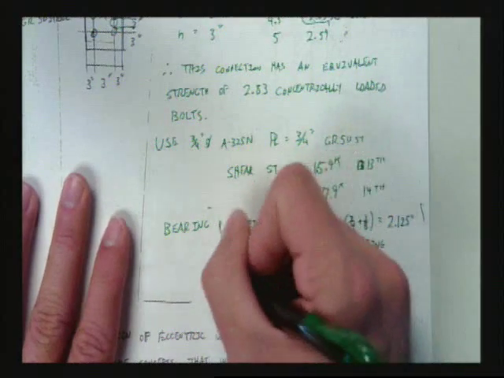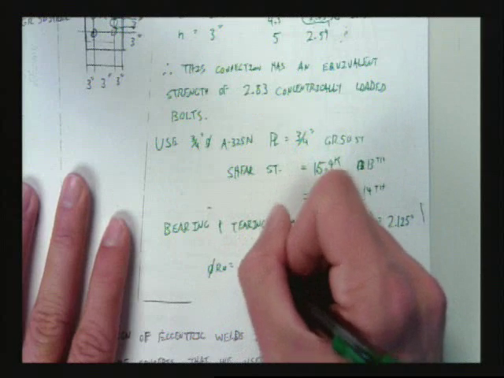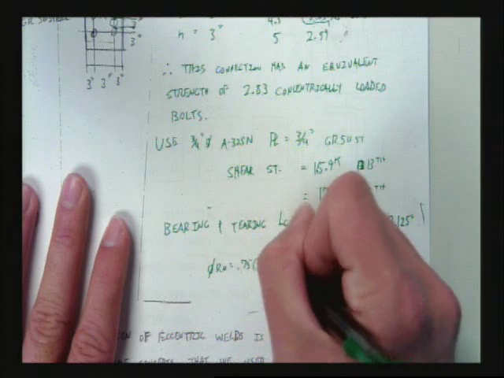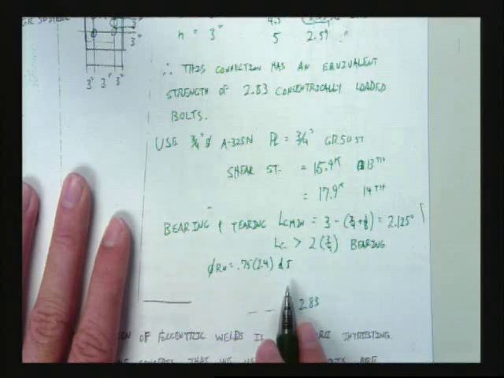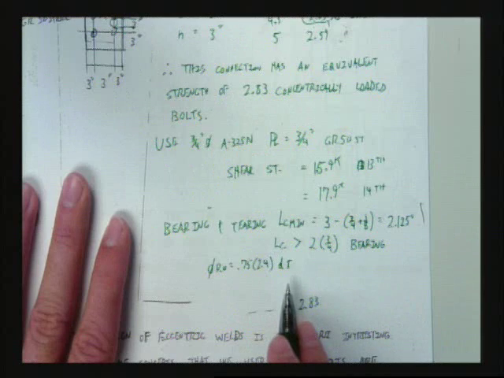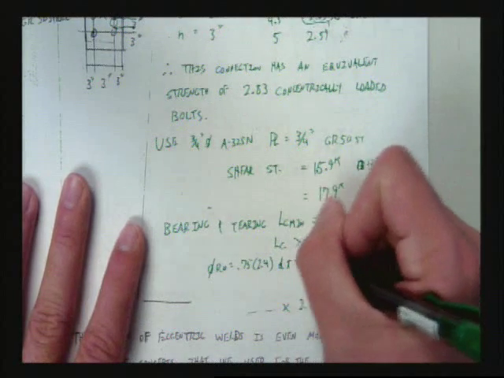Now you say phi RN is equal to 0.75 times 2.4 dt times what? What's the last thing? I'm missing something. Fracture strength. Looking for FU. That's right. It's just fun to say out loud.